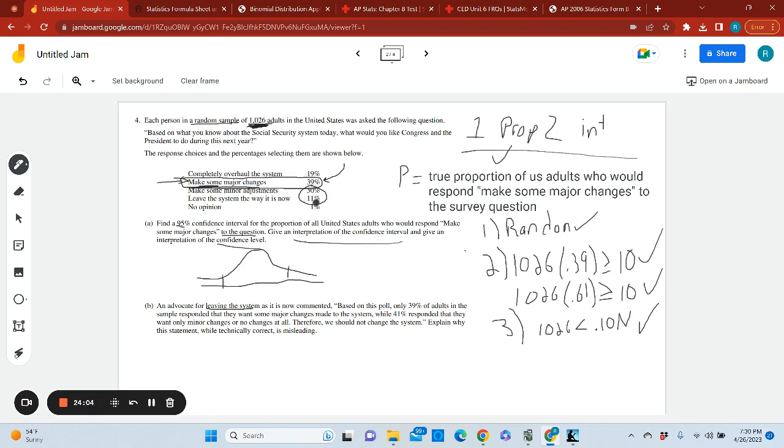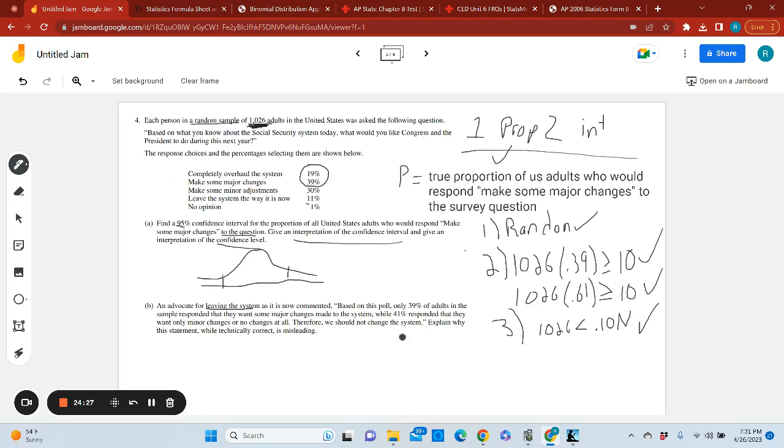So since the amount of people who want to make minor changes or no changes at all is greater than the percentage of people who want to make major changes, then we shouldn't change the system. But he conveniently left out that 19% of people want to completely overhaul the system. So that, I guess, is even more extreme than just making major changes.